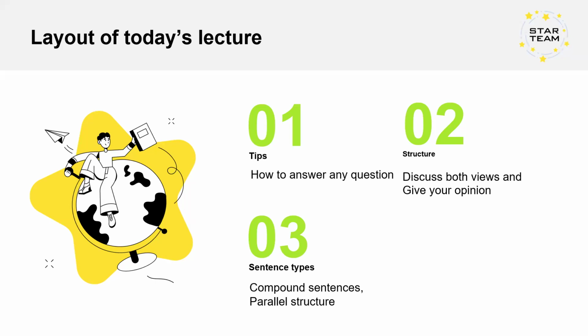And number 3 is types of sentences, like compound sentences and parallel structure. These kinds of sentences are given for you to know what kind of sentences to write in your essays to make them richer and more interesting when you write your essays in the real exam.